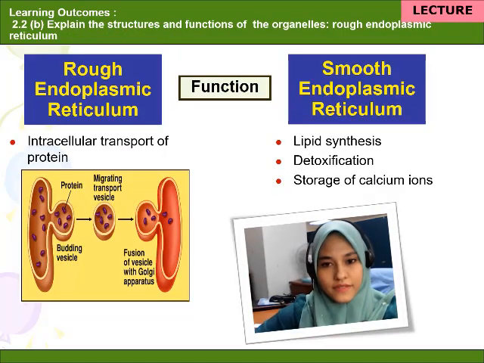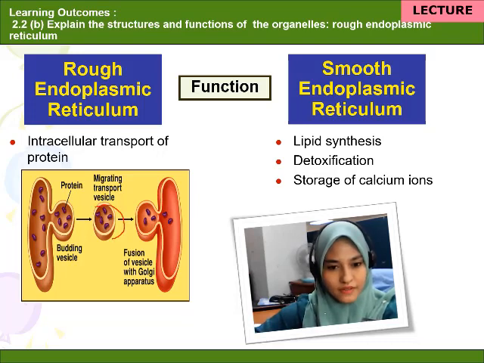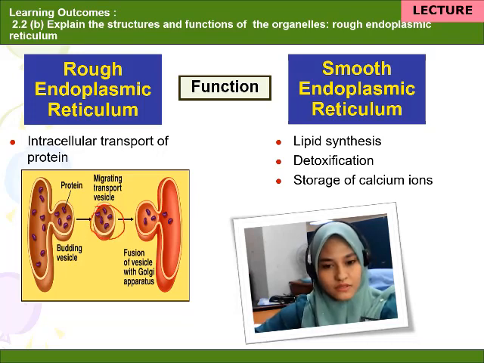Both of the endoplasmic reticulums have different functions. The rough endoplasmic reticulum, RER, functions for intracellular transport of protein, which means it will package and transport protein to the Golgi body within a transport vesicle. As you can see here, this is the transportation of proteins from the endoplasmic reticulum to the Golgi body.